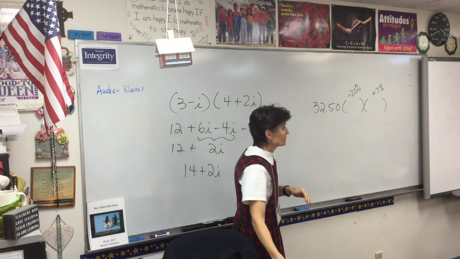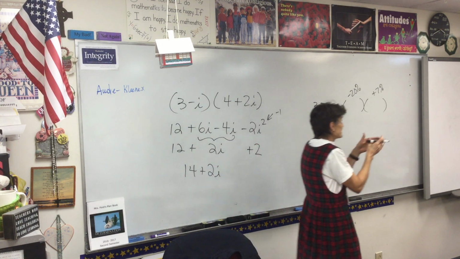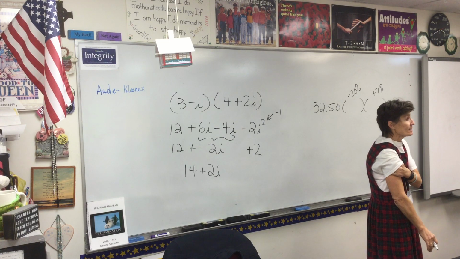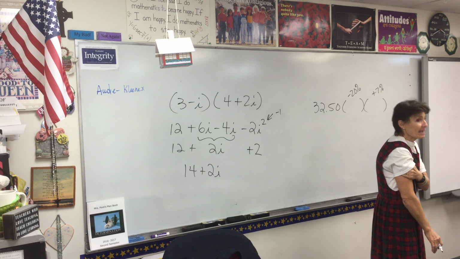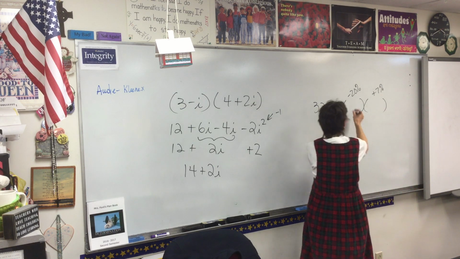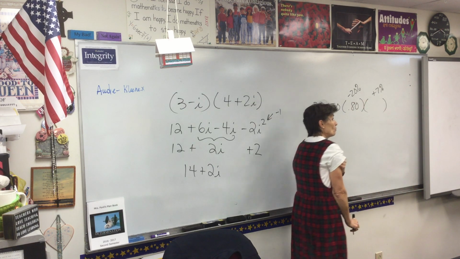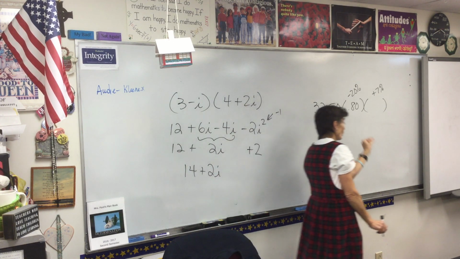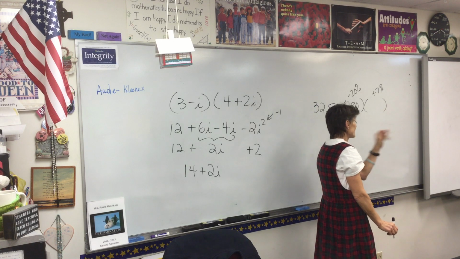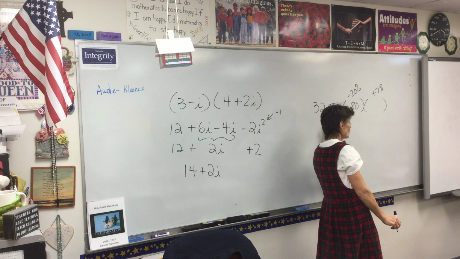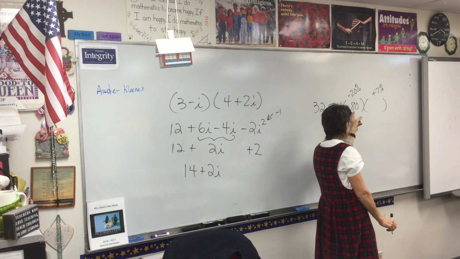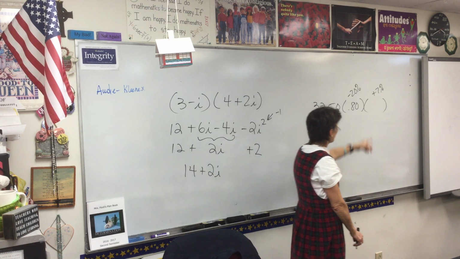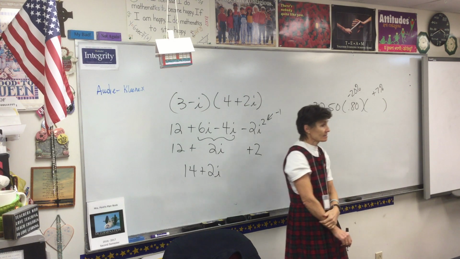Now remember, what decimal represents a 20% discount? 0.8. 0.8 is what you want to multiply by, because if they're taking off 20%, they're leaving 80%. You're paying 80% of the original cost. Now we're adding on tax.